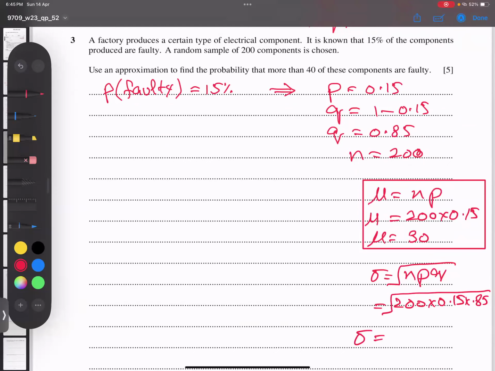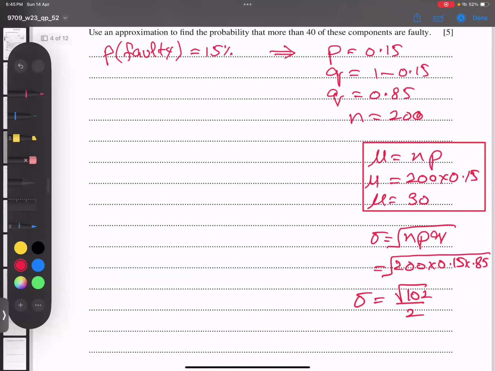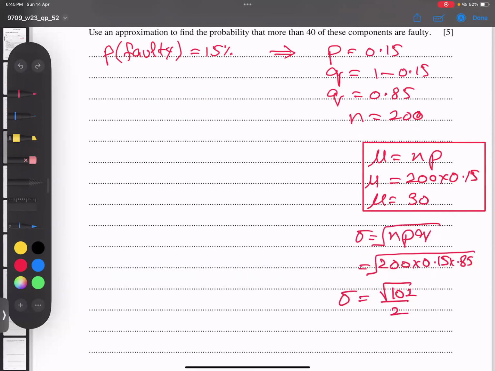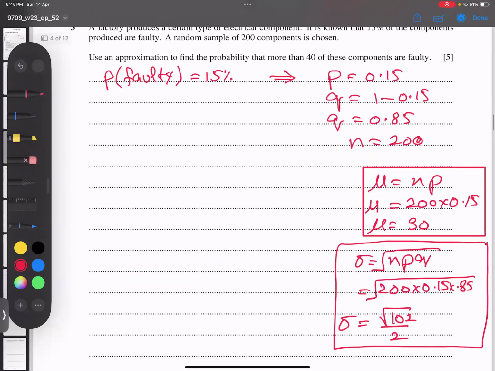When I multiply 200 times 0.15 times 0.85, it gives me root of 102 divided by 2. This is the deviation value.